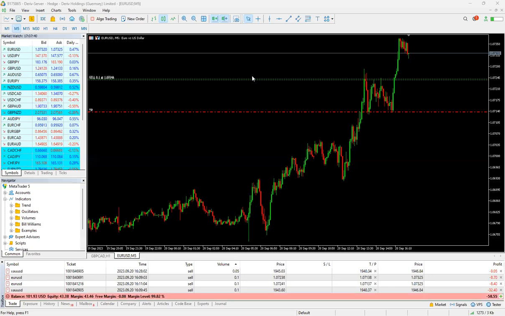I'm using a lot size of 5. That is too much. A lot size of 5 is too much. Which of the trades are you going for? Is it the dollar or the euro? $500 is too much, honestly.